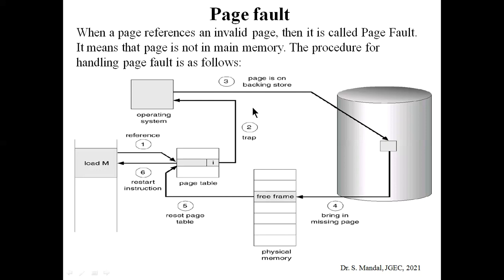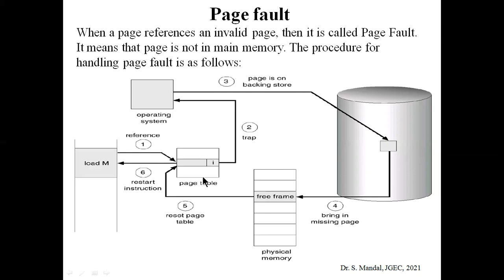We call it the second step, and it is also called the trap. In that scenario we need to access the secondary location where the pages are stored.